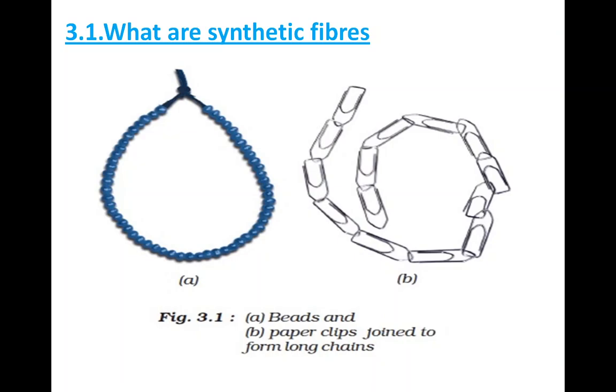Means one bead is one chemical substance that we are joining to another chemical substance, and we are making a large ring or large long chain, that is known as synthetic fiber.